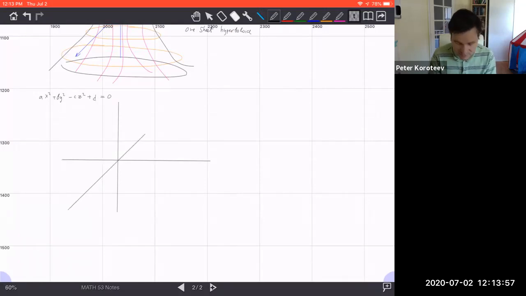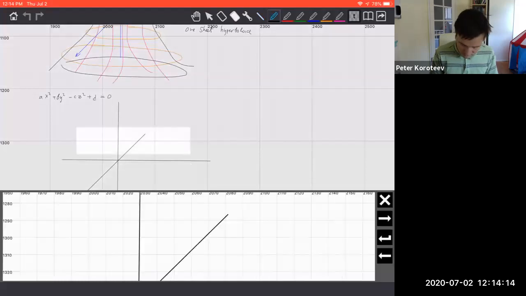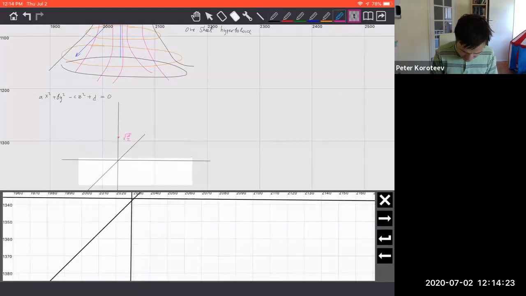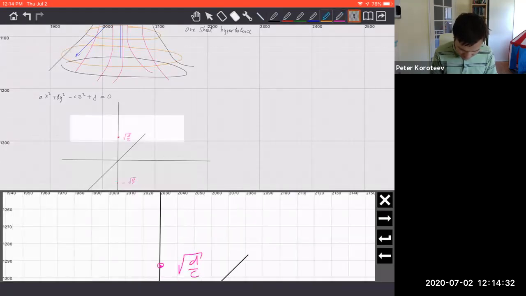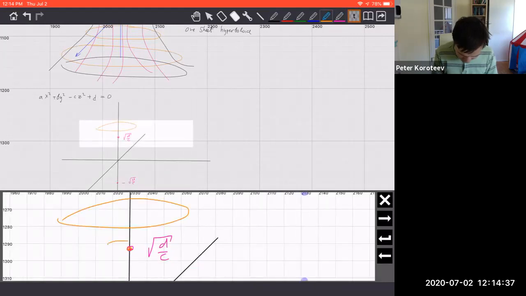Say Z is larger than that. You can move it to the right-hand side, and it will be a positive thing, and you have the equation for an ellipse. So here is a point at plus root D over C, and here at minus root D over C. Above that we have ellipses: first a point, and then these ellipses start to grow.